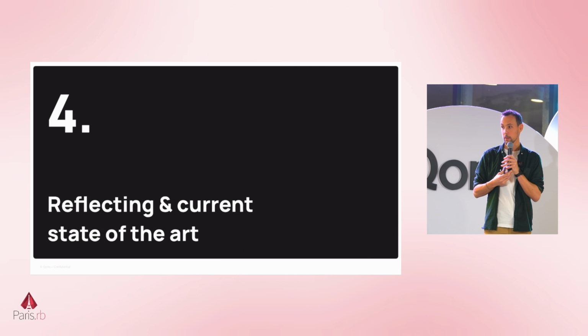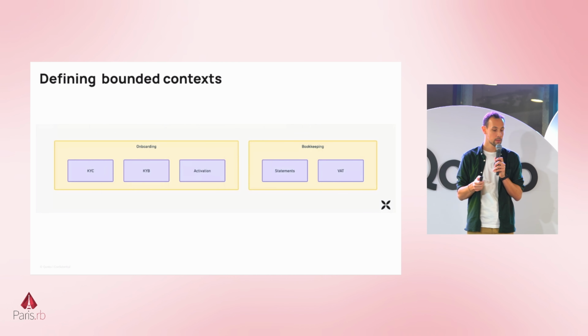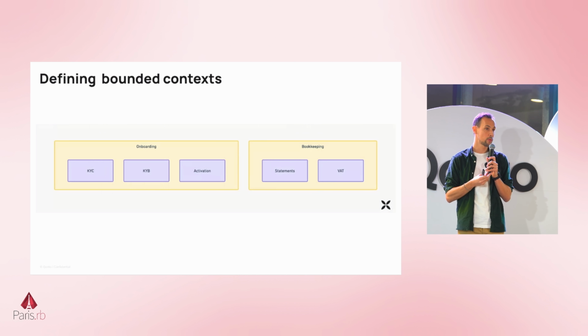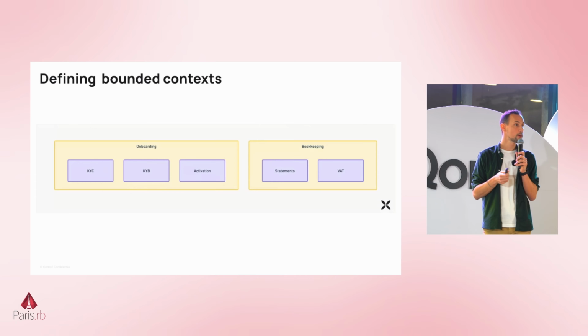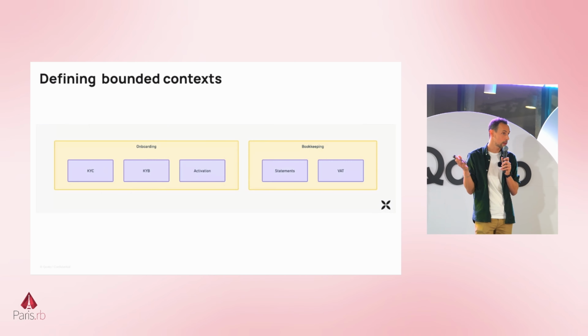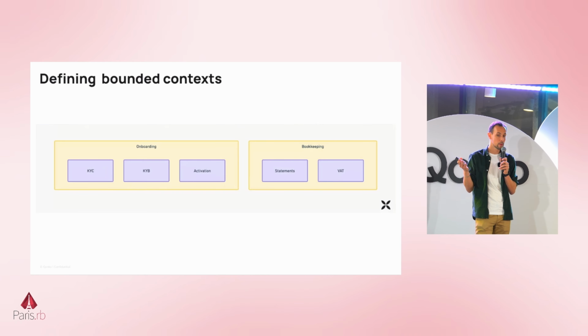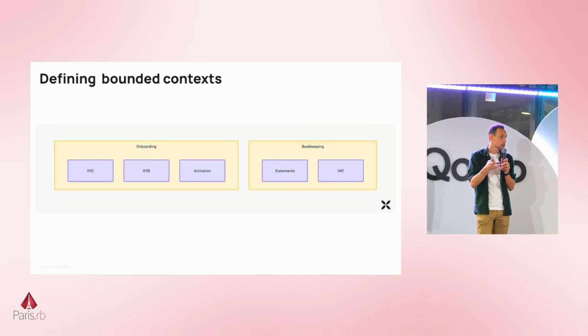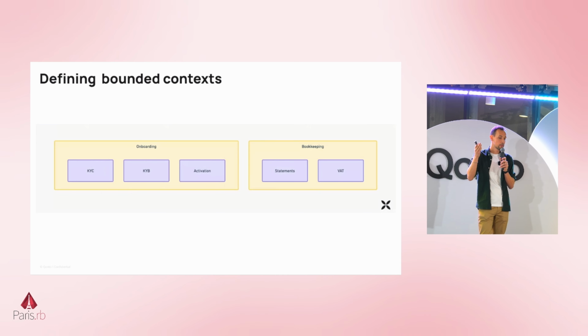This is the last part of the talk, mostly about how we released this standard and what are the difficulties that we faced. So one of the major parts that was a bit challenging and that's still challenging is to define a context, because domain-driven design is very, let's say, subjective.